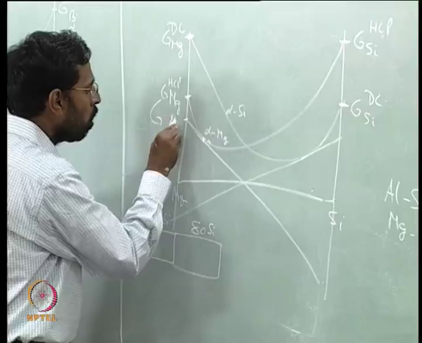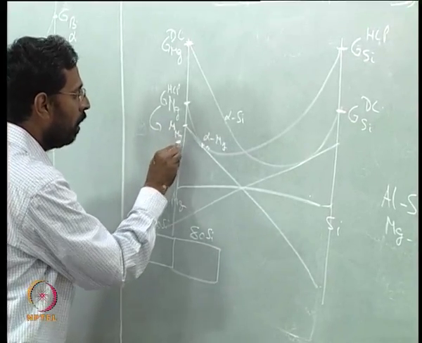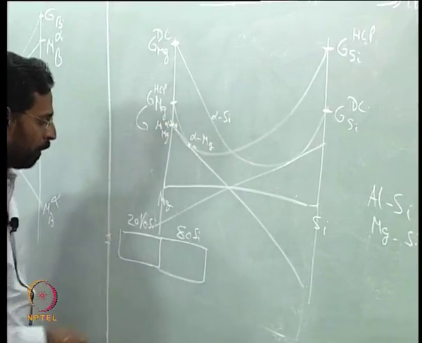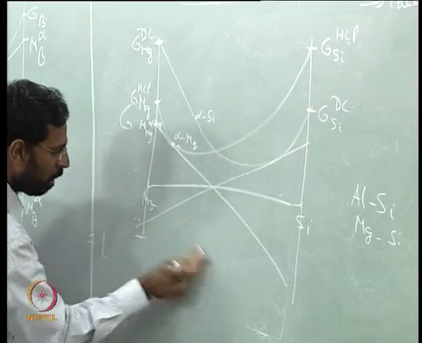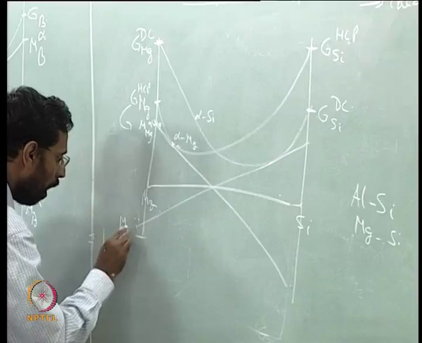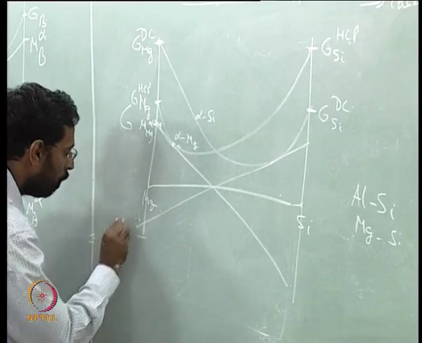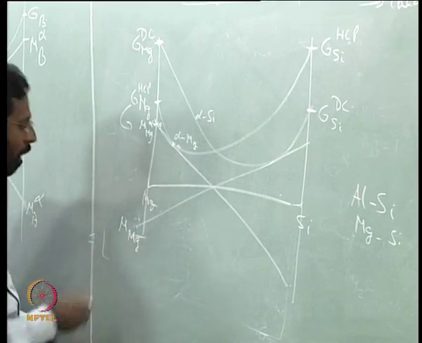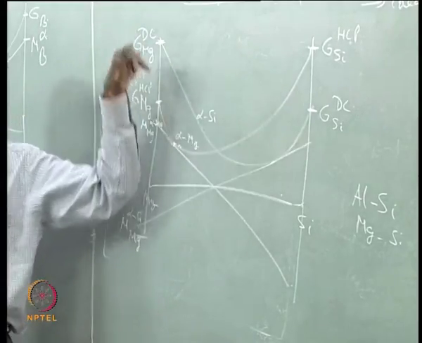This is mu of magnesium in alpha magnesium. This is mu of magnesium in alpha silicon. This is the alpha silicon solid solution.